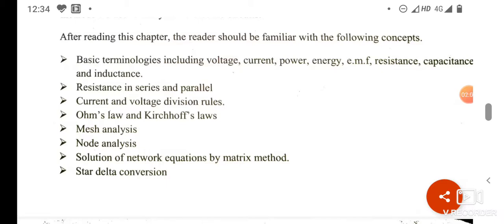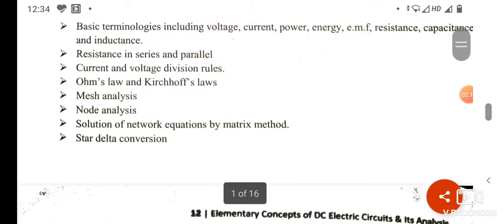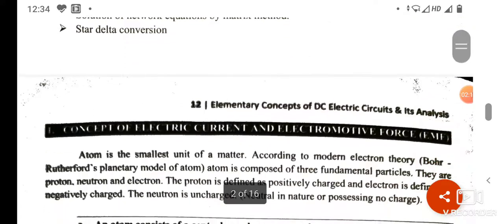Also the current and voltage division rules, Ohm's law, Kirchhoff's laws, and mesh and nodal analysis. These two portions are very important in the first chapter because we need mathematical solutions of problems. Also there is star-delta conversion as the final part.